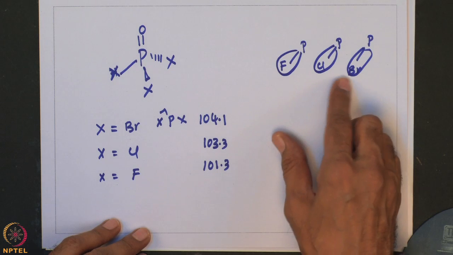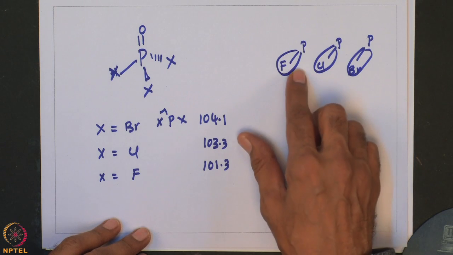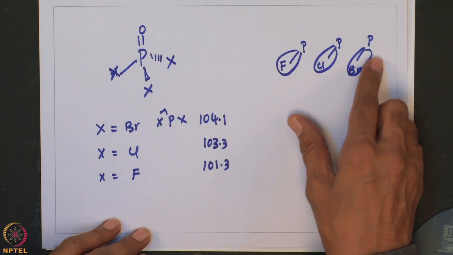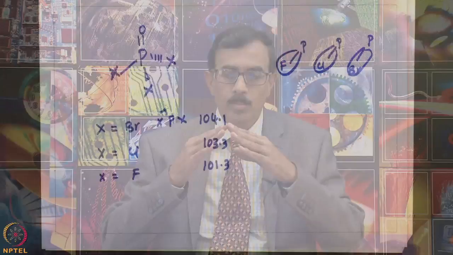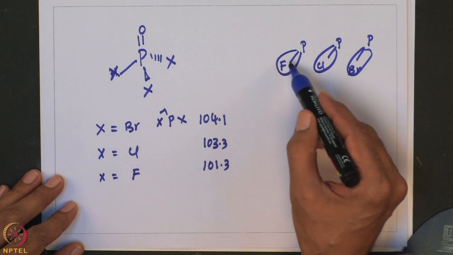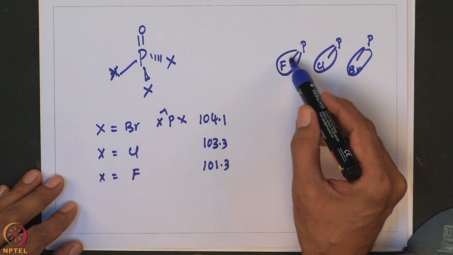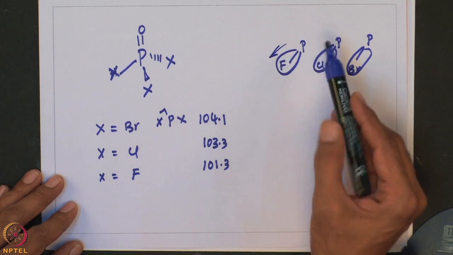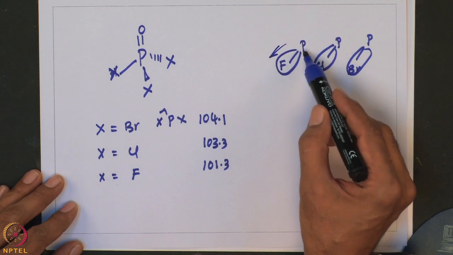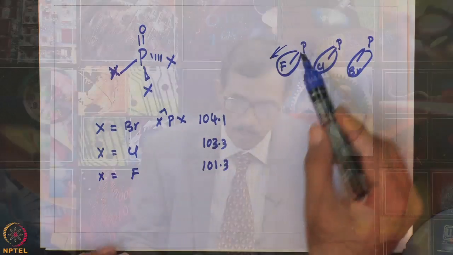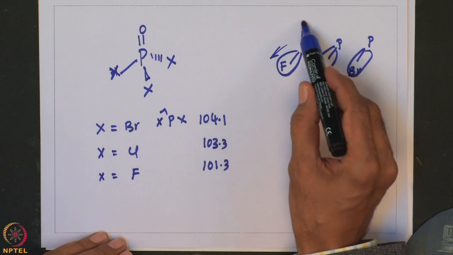On the other hand, if the electrons are coming more and more towards the central atom, angle will be increasing. So, with this analogy you can see that in this one, since the electron density is more directed towards the fluorine, not much electron density is there. So, the angle will shrink so that it can give more space for this oxygen double bond.